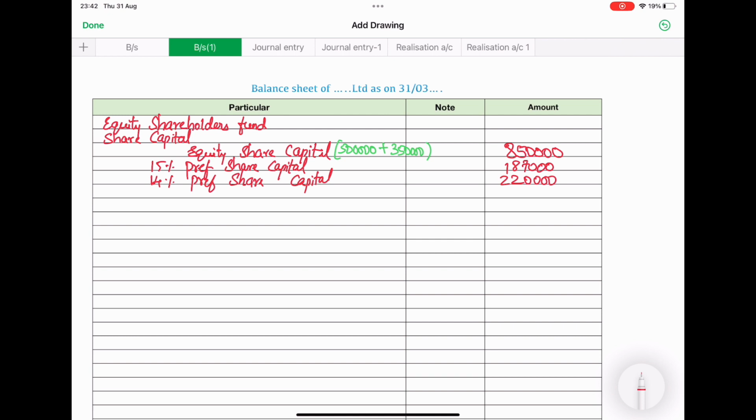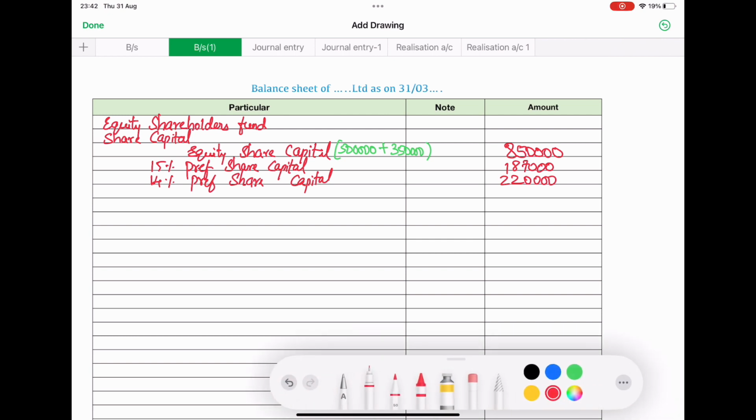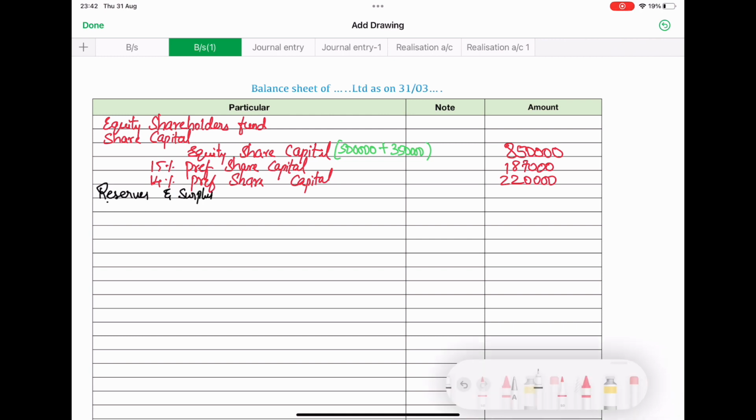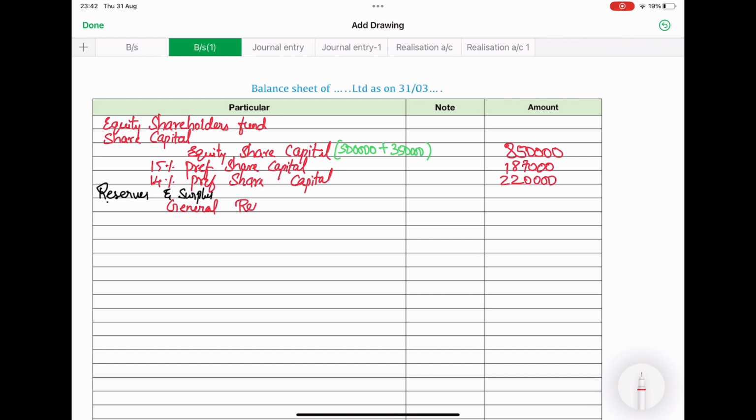Next we are having reserves and surplus. This is another heading. Under reserves and surplus we have to mention all the reserves we are having. First one, general reserve. In general reserve I have shown the working note already, so it is very simple and easy.